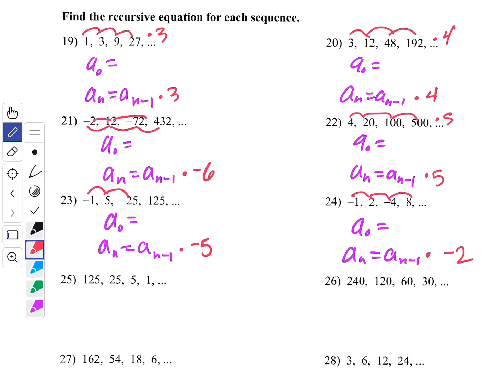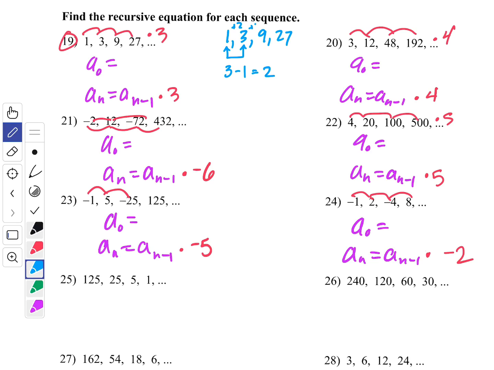Now, if you're not sure what kind of sequence it is, okay, I would start out, let's use 1, 3, 9 as maybe an example. Okay, and look at your first couple of numbers, okay? If you're not sure where to go, you could say, okay, what's 3 minus 1? Take that second one and subtract the first one.